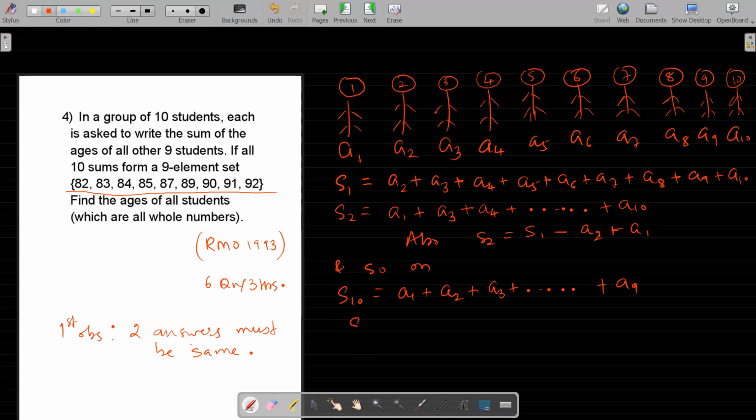So suppose one of those numbers which is repeated, we call it X. Suppose the repeated number is X. I don't know right now which number it is. It will be out of 82, 83, 84, 85, 87 up to 92. Fine.